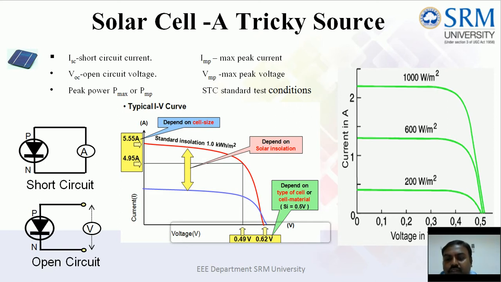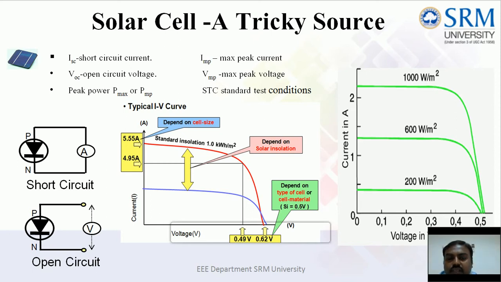You can see in the green-colored graphs 200 watt per meter squared, which means 200 watt per meter squared is the irradiation, and next is 600 watt per meter squared, and next is 1000 watt per meter squared. In all these three curves, you can witness that the current and voltage values vary, and of course the output power also varies.